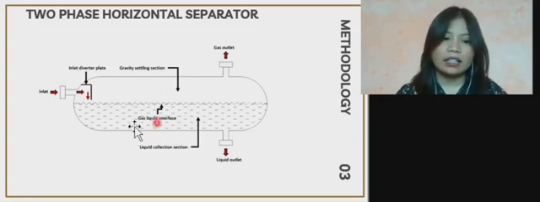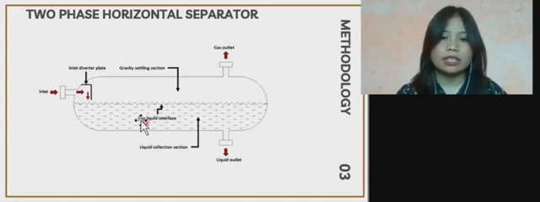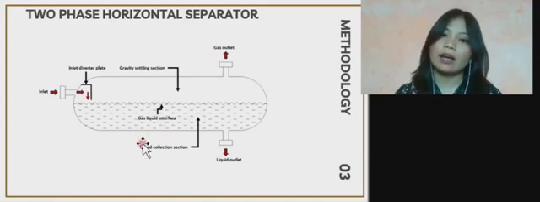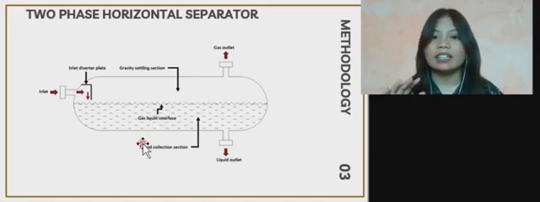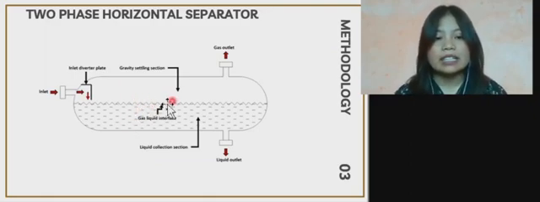Here is the liquid collection section. It holds the liquid during the appropriate retention time required to let the dissolved gas evolve out of the oil and rise to the vapor space. This is the vapor space, and this is the gas-liquid interface.